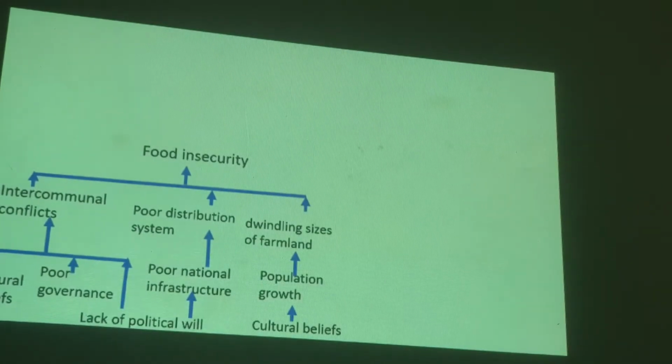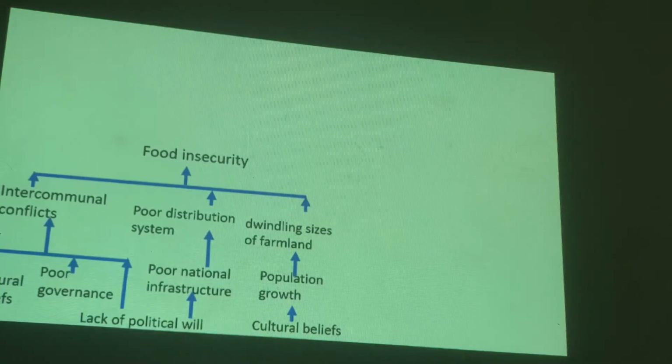Food insecurity can also result from the dwindling sizes of farmland, which itself results from population growth. And again, probably cultural beliefs where the populace does not want to, let's say, do family planning and all that.